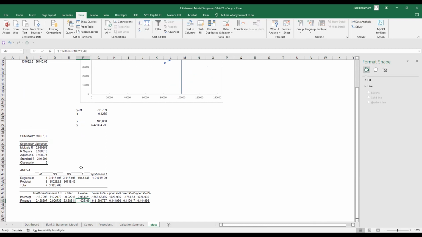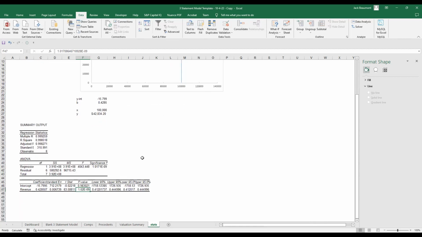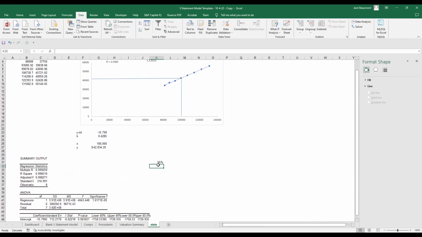Our p-value is extremely low, and the p-value can be a little confusing, but what it's really saying is the probability that cost of goods sold does not have a relationship with revenue, and here it's so low. What you normally test it against is, remember before we had a 95% confidence level, so we're 95% confident that this does have a relationship.